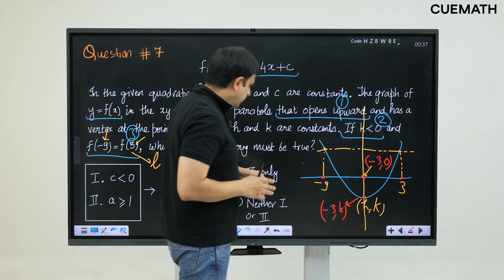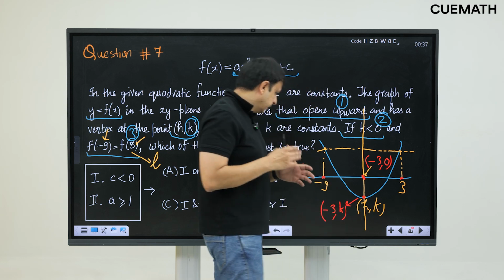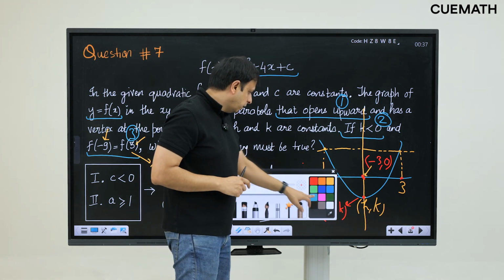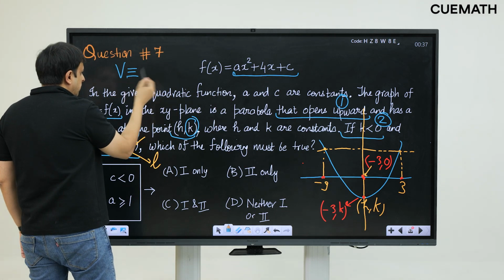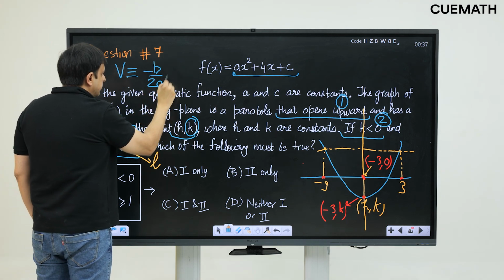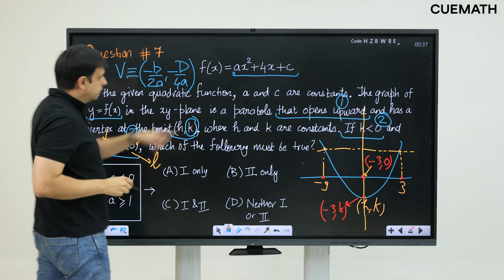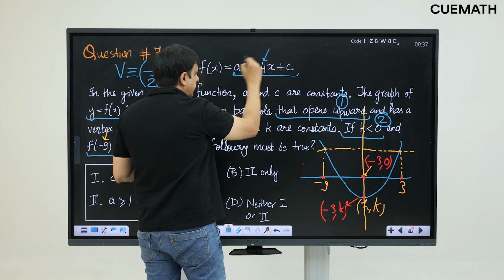So, now we know that h is -3, the x coordinate of the vertex is -3, but we also know that the x coordinate of the vertex is -b by 2a. So, the vertex of a quadratic parabola is -b by 2a, -d by 4a. These are the coordinates of the vertex. b is 4, a is a.